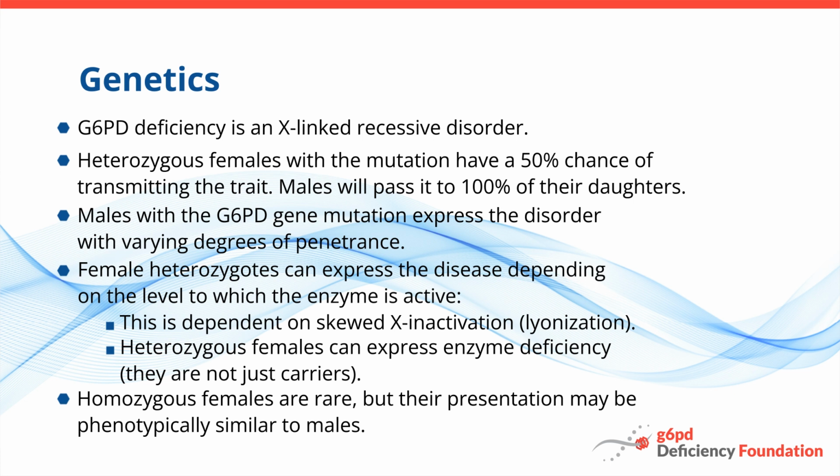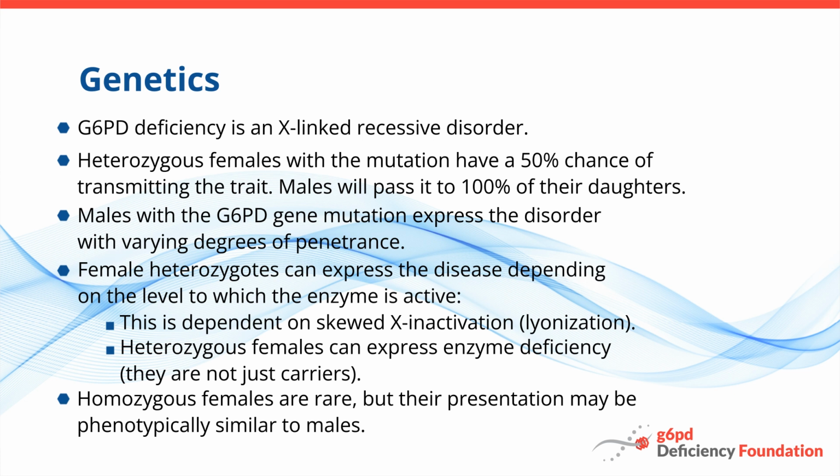Because heterozygous females are subject to this skewed X inactivation, there is a spectrum of expression of the disease. The more the abnormal X is expressed, the lower the threshold for expression of G6PD deficiency, and the more likely the female will develop a hemolytic crisis in the face of oxidative stress.